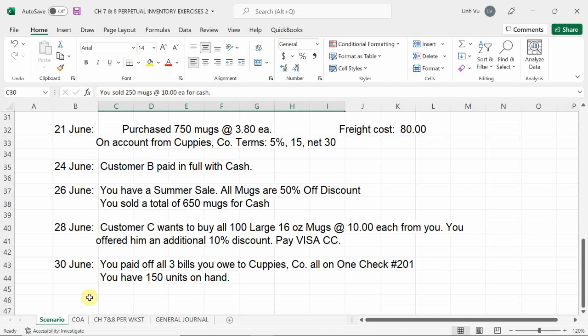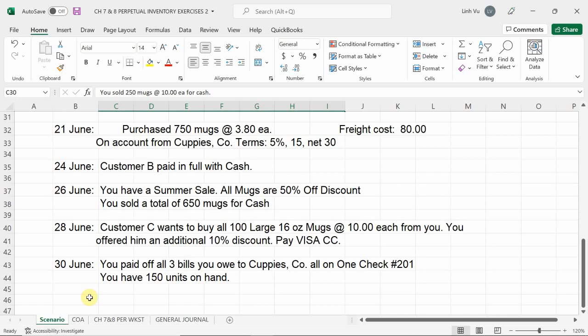So in this case, customer C decides to buy all of the inventory that we didn't want, all 100 large coffee mugs. And because he's getting rid of it off of our shelf, we kindly give him an additional 10% discount on top of it. And he's paying with a Visa credit card.